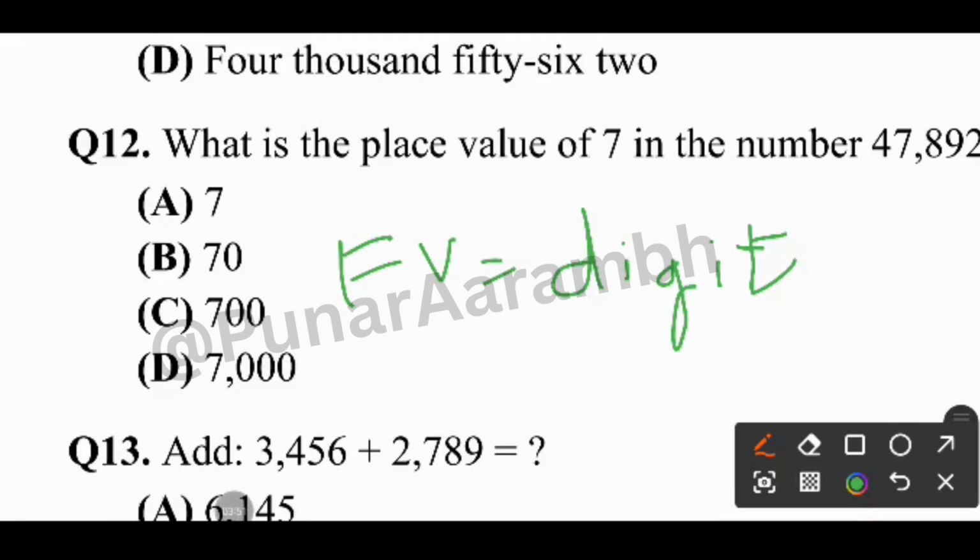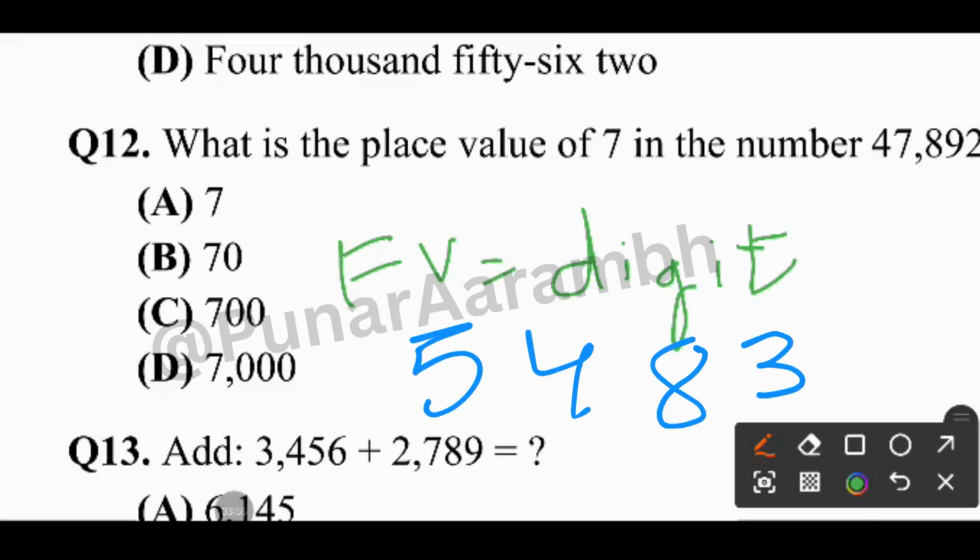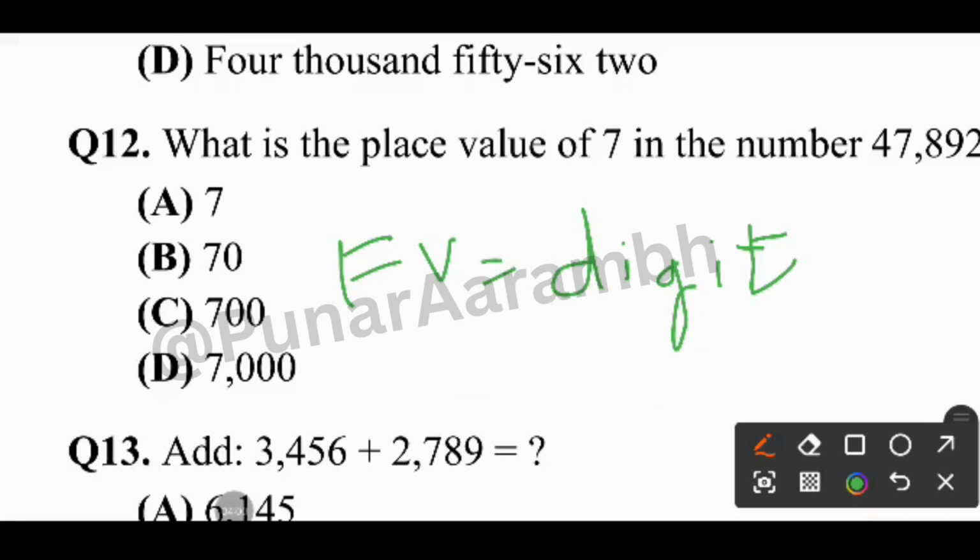Like in this number 5483, if the face value of 4 is asked, it will always be 4. Similarly, in 47892, if the face value of 7 is asked, it will always be 7. Never any other digit, and you will not speak out the place it's holding.